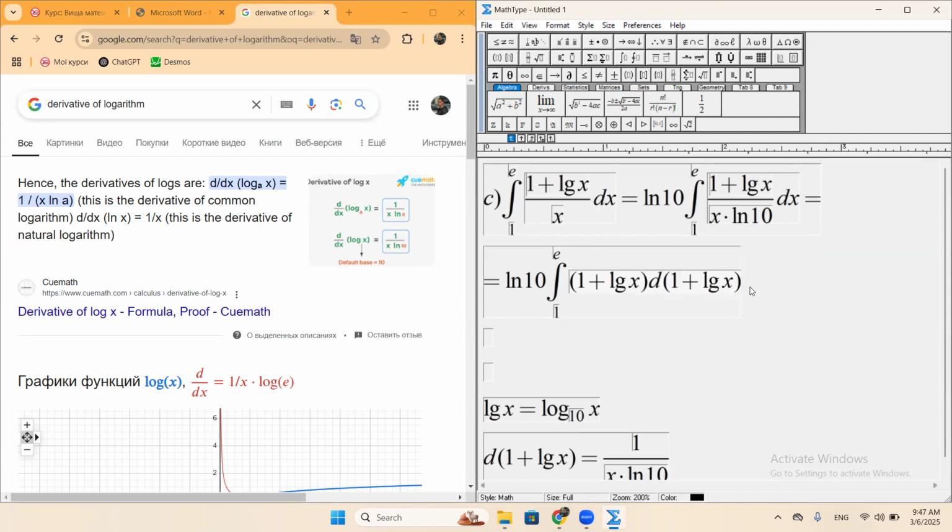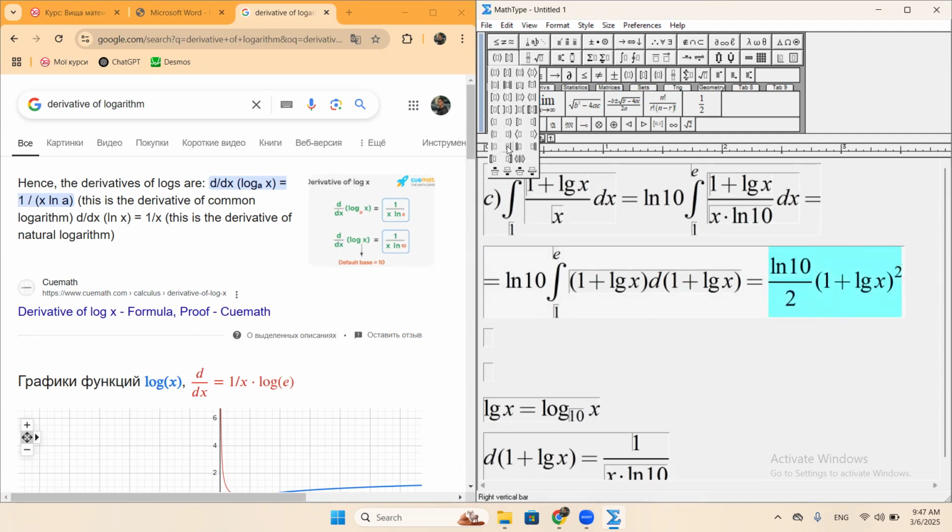So we integrate the power function, and now we divide by 2, with substitutions from 1 to e.